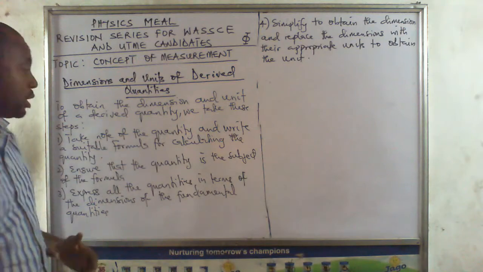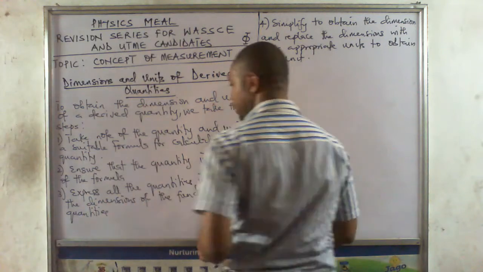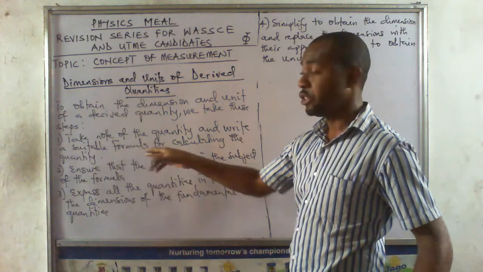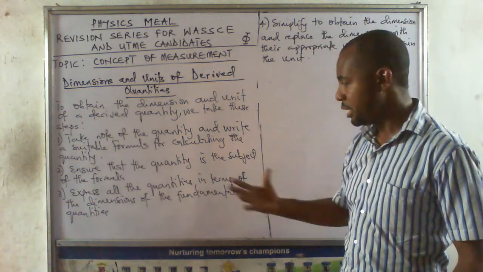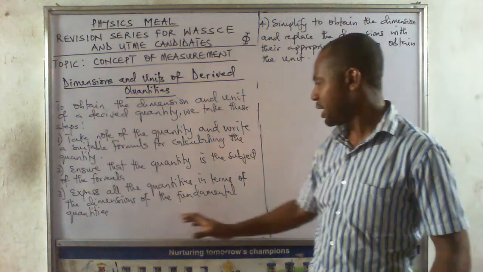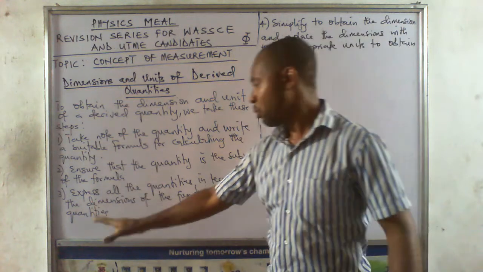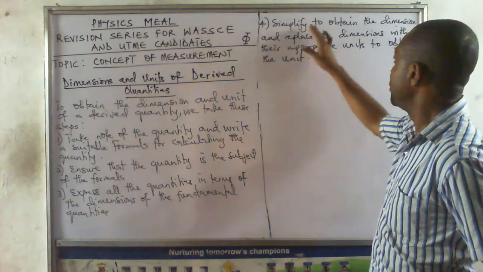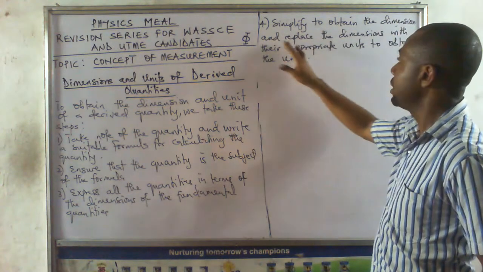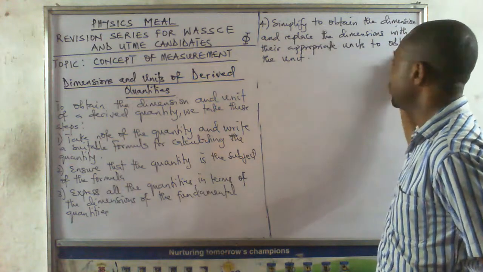That's the first thing we do. Then we ensure that the quantity is the subject of the formula, the suitable formula you have written. Then the next thing is to do what? Express all the quantities in terms of the dimensions of the fundamental quantities. Then finally, we simplify to obtain the dimension and then replace the dimensions with their appropriate units to obtain the units.